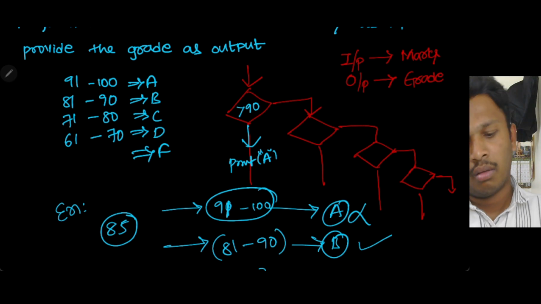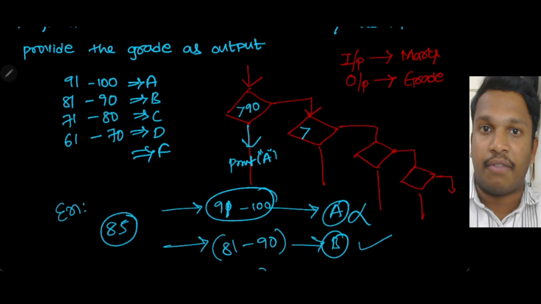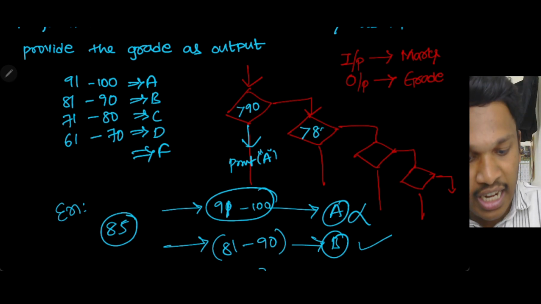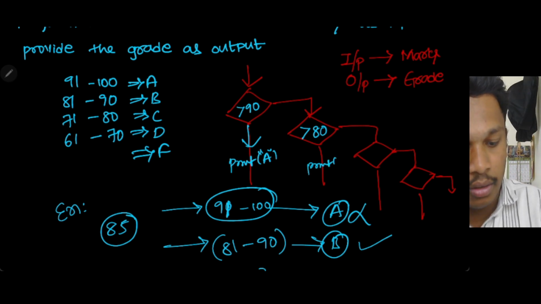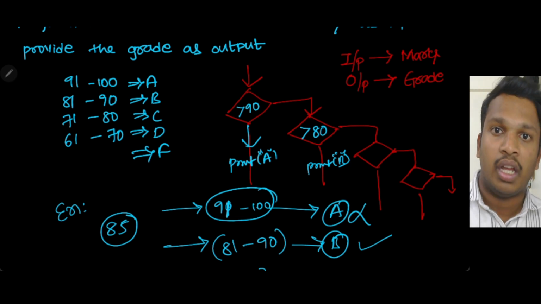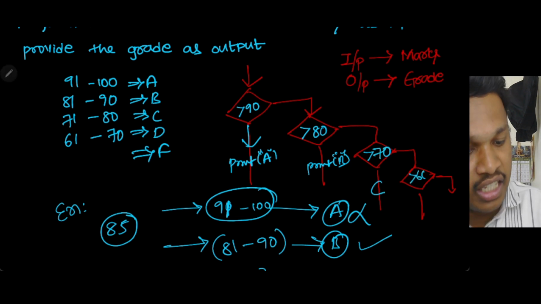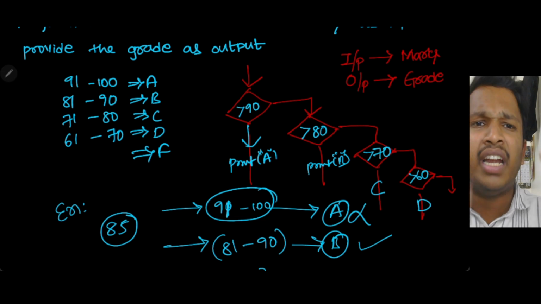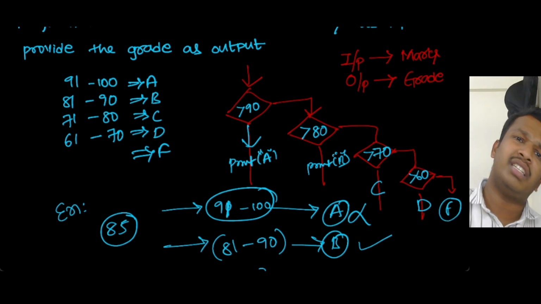If this condition fails, we come to the next logic: if it is greater than 80, just print B. Next, if it is greater than 70, then it is C grade. If it is greater than 60, then D grade. If every condition fails, then by default he should get F grade.